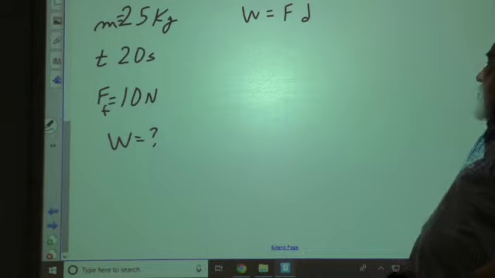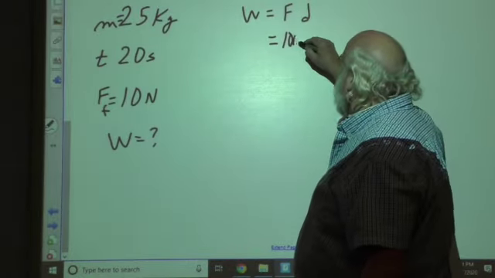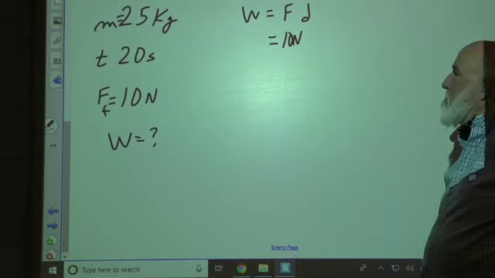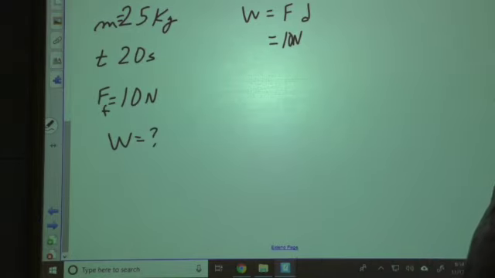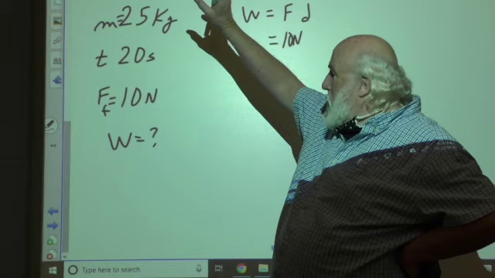Okay, well, we have the force. That's 10 newtons. But the distance, now how are we going to figure out the distance here? It turns out we're going to have to get that from the combination of all three of these.